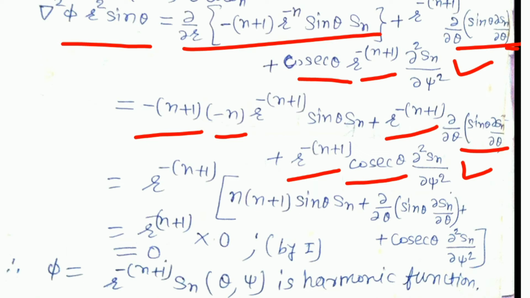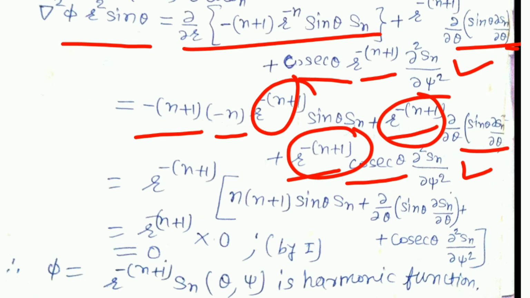So what is common? These terms are common. So we take them outside, and the remaining are n(n+1) sin θ Sn plus ∂/∂θ of sin θ ∂Sn/∂θ plus cosec θ ∂²Sn/∂ψ². These are the remaining terms.